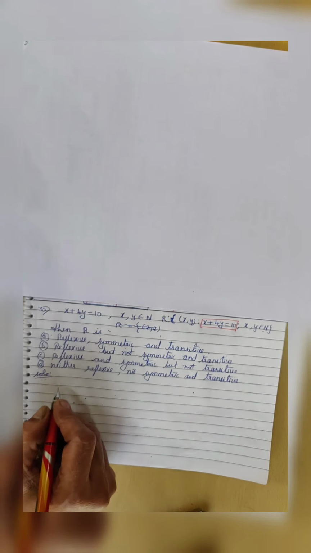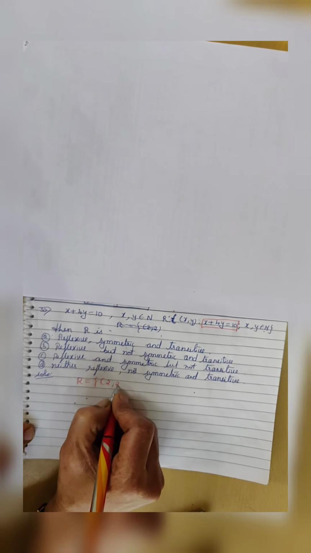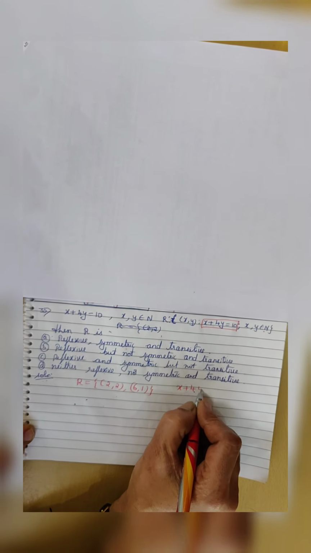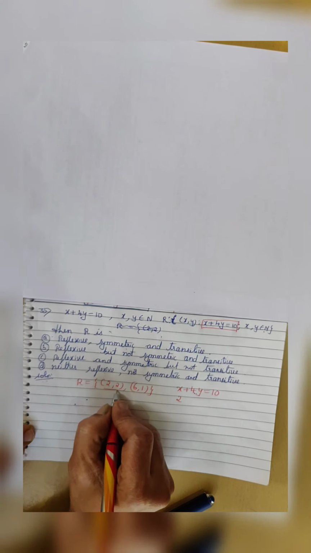And if we take this x plus 4y is equal to 10, then R will be equal to (2, 2) and (6, 1), only these two, because if we take x plus 4y is equal to 10, we have here x is 2, y is 2, plus 4 into 2, and it will result to 10.